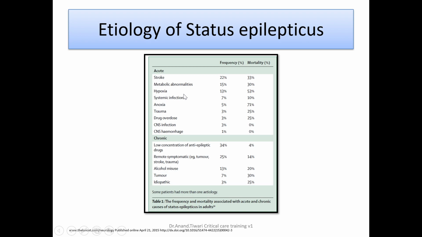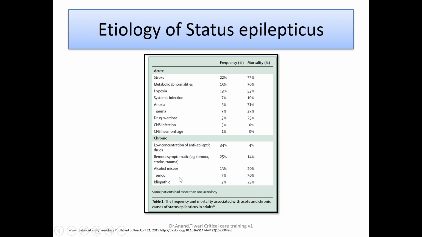Certain patients with drug overdose can come with a seizure. Patients who have alcohol misuse, or certain tumors in the past, or trauma, or a patient who is a drug defaulter or is on anti-epileptic drugs but not taking regular medication, also contribute to a higher number of patients who can present with seizures.